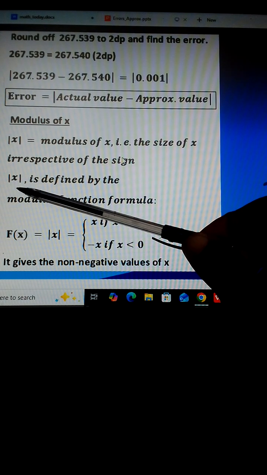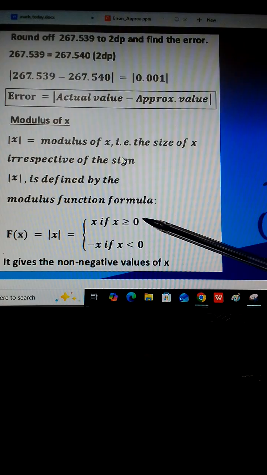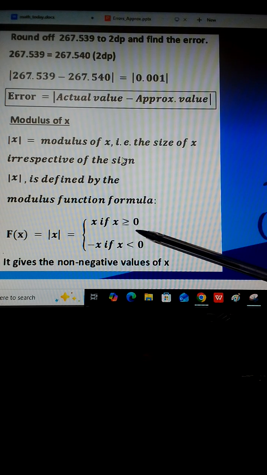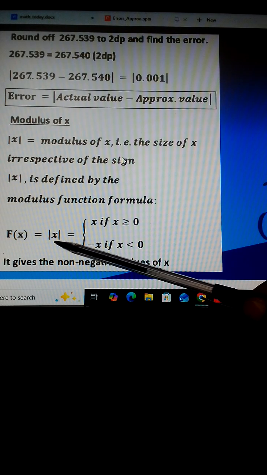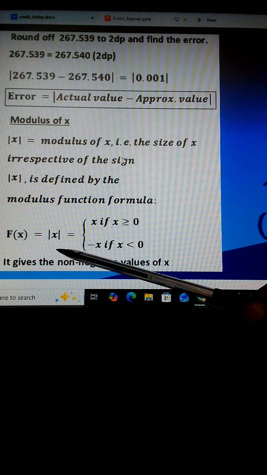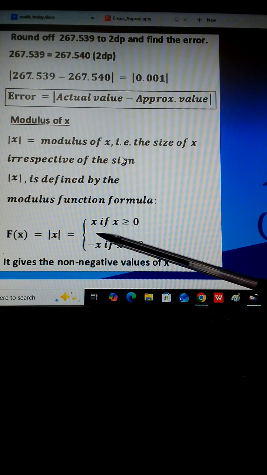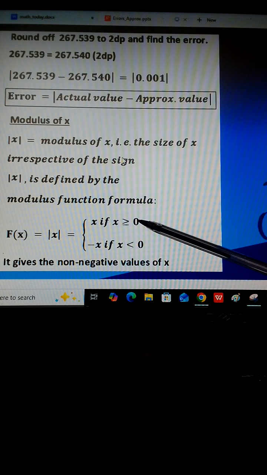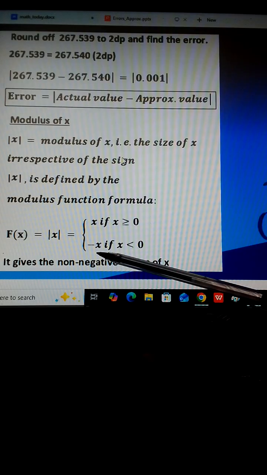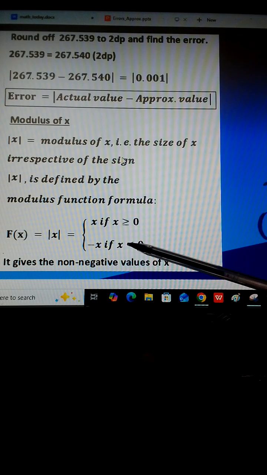Now the modulus of x is defined by the modulus function formula, which says that f(x) is equal to the modulus of x, such that it is x if x is more than or equal to 0, and negative x if x is less than 0.